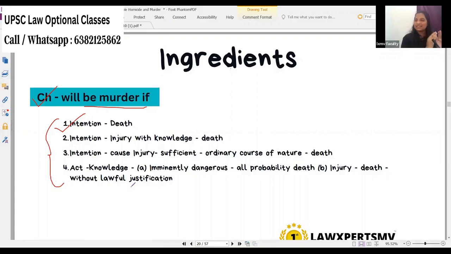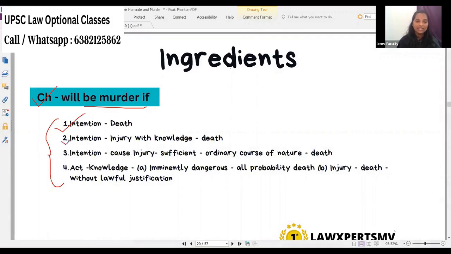So the first limb of culpable homicide is the same as the first clause of murder. That's why we say murder is a part of culpable homicide. So let me list out the ingredients, and then explain each and every ingredient in depth. So first clause, you must have caused this culpable homicide with the intention of causing death.